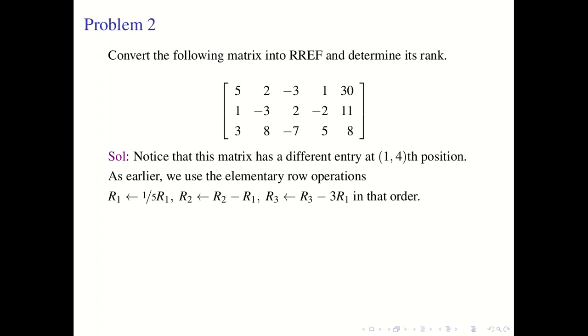That will bring the second and third entries in the first column to 0, and then continue elementary row operations.